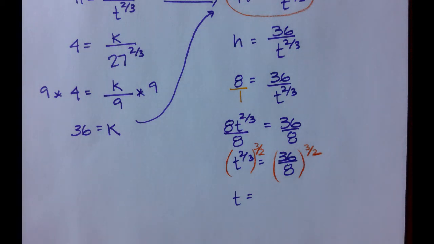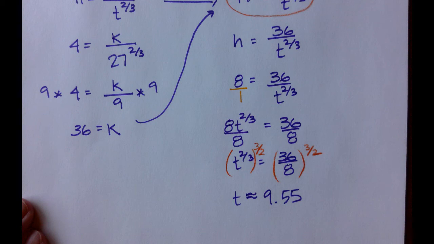Be very careful with your parentheses when you enter this quantity into your calculator. When I do this, I get t is approximately 9.55, and that's rounded to the nearest hundredth. So I put the approximately symbol in there.